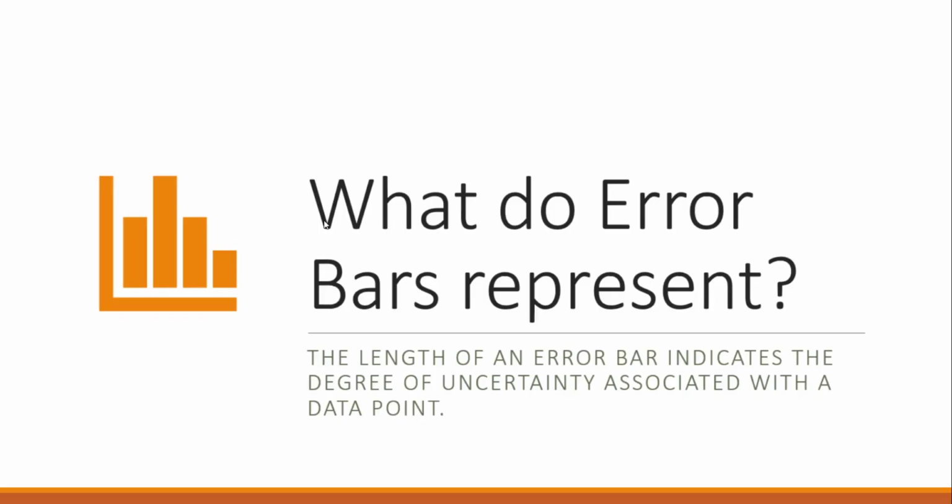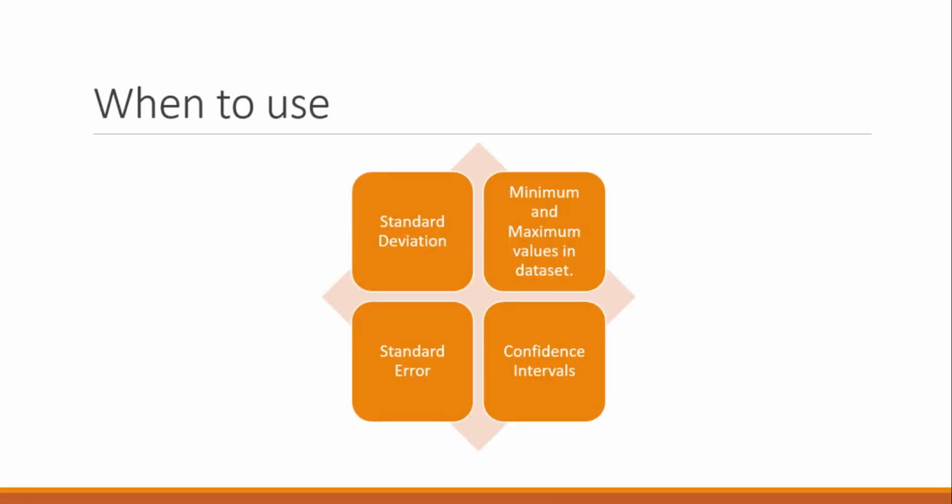And the length of each pair of error bars tends to be equal on both sides, depending upon the type of data. But if data is skewed, the lengths on both sides will be unequal. Now we will see where to use error bars.